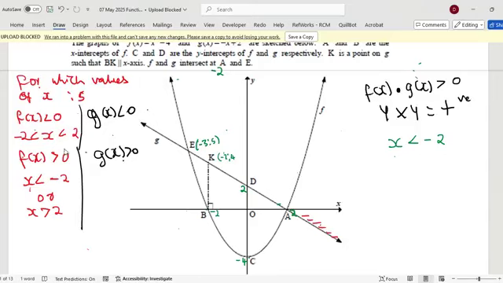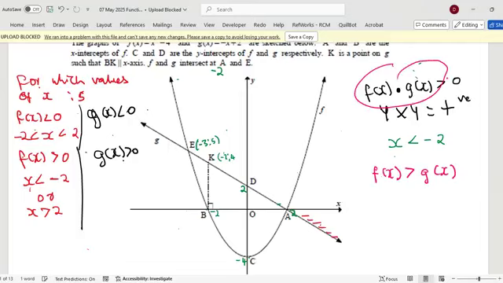What if I'm saying f of x is greater than g of x? Guys, if I explained this and you say you understand, next time I'm just going to change the sign and write less than. You can't say I don't understand. If I explained this and I'm writing greater than, next time I'm going to say less than.